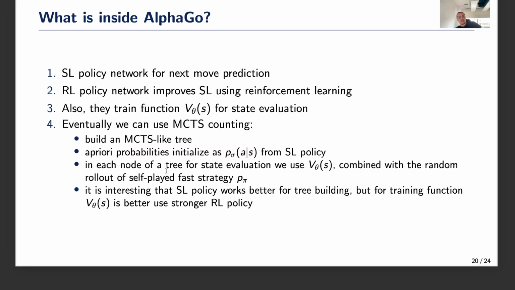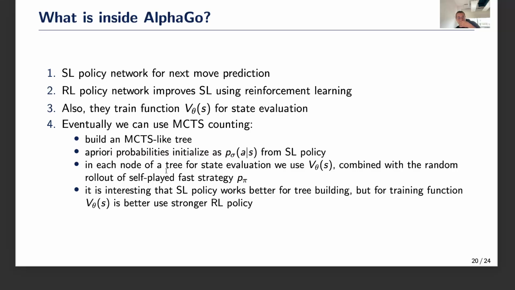As in classic MCTS, it repeatedly selects promising paths, expands the tree, runs simulations, and propagates the result. But unlike traditional MCTS, which relies on rollouts and hand-coded heuristics, AlphaGo uses learned components.